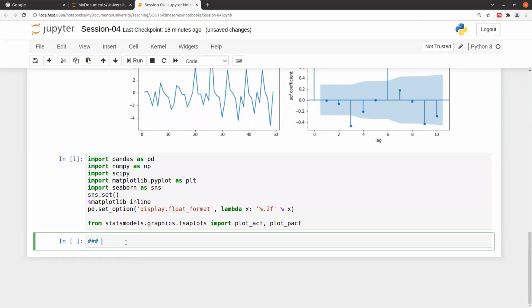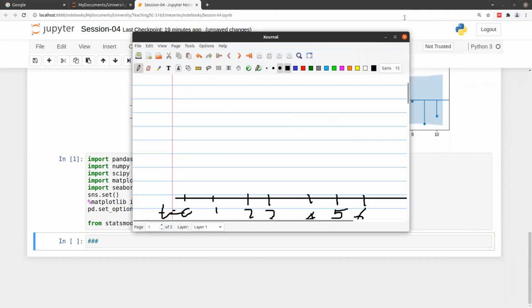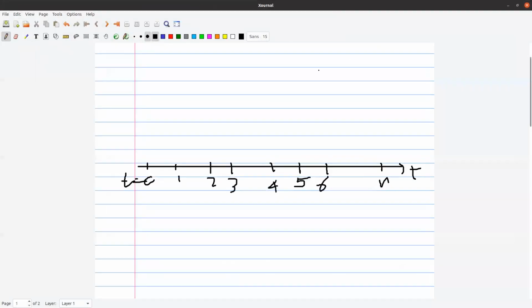Then we are going to practice this ACF plot first, with somewhat of random noise. I think you can remember the equation of this MA process. In the MA process we are considering the error component.